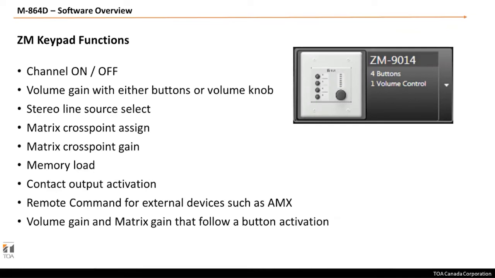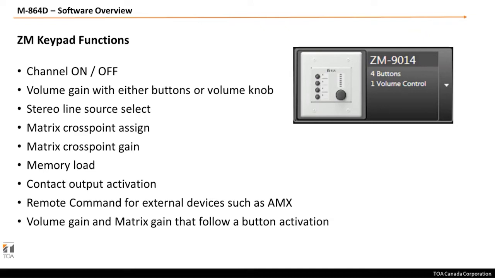So what you can do with the ZM controllers, here we're illustrating the 9014, which is one of our most popular remote controllers. We have 4 assignable buttons and a pot for the volume there. So you can be selecting channel on and off. Obviously, you can control the volume.